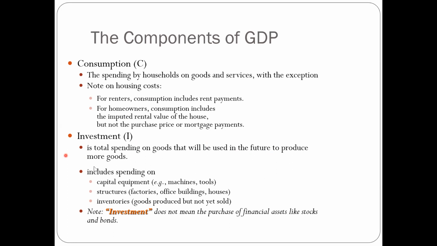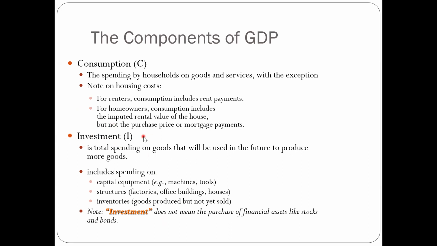So such spending on capital equipment like machines, tools for the factory, structures like factories, office buildings, houses, inventories, goods produced but not yet sold. So any change in these goods, we can calculate it in the investment component.